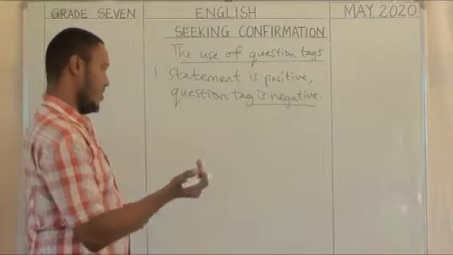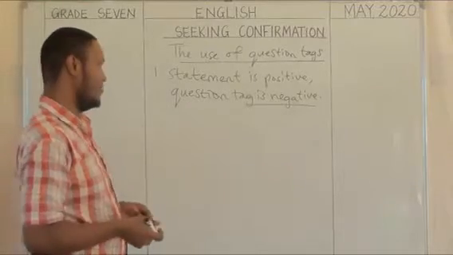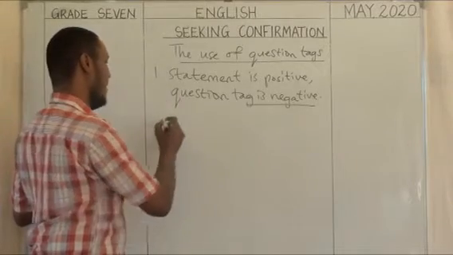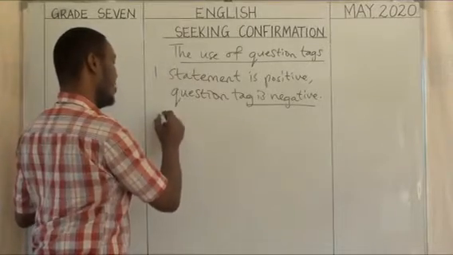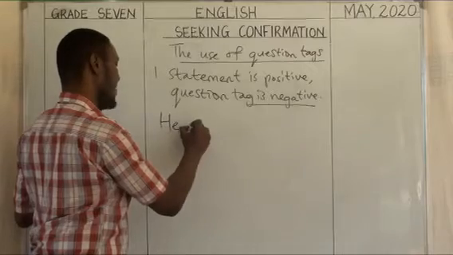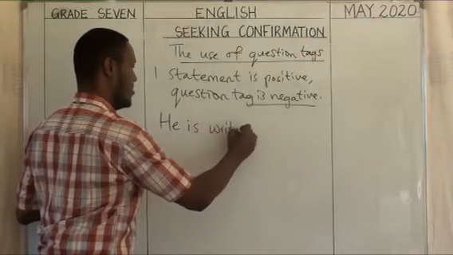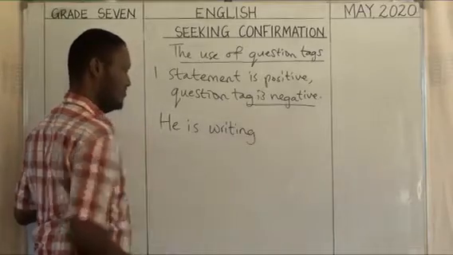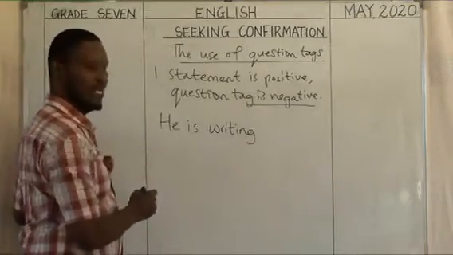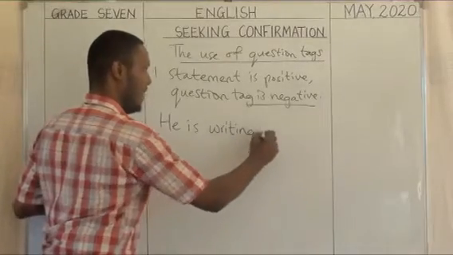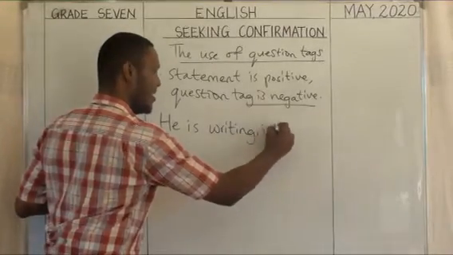So let us have 2 or 3 examples. A positive statement, like the one we looked at: he is writing. He is writing is a positive statement because it does not have a negative word. He is writing, isn't he?